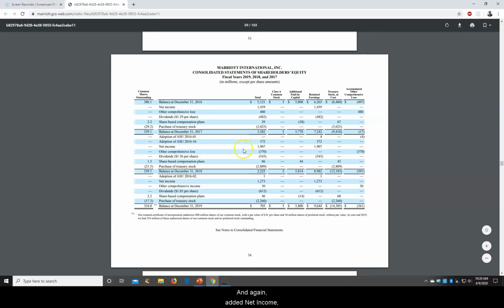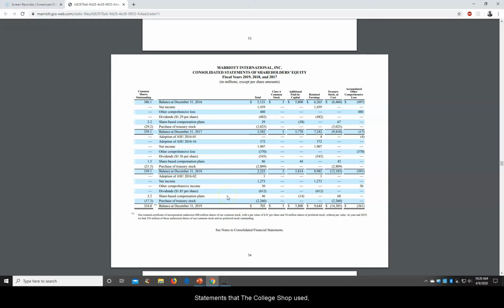And again, added net income, paid out some dividends, bought and sold stock, ended up with this. Same thing, net income, dividends, ended up with this. So, the same financial statements the college shop used, and really they look pretty similar for a corporation as big as Marriott. Those are the four main financial statements that you will use ultimately for your businesses.